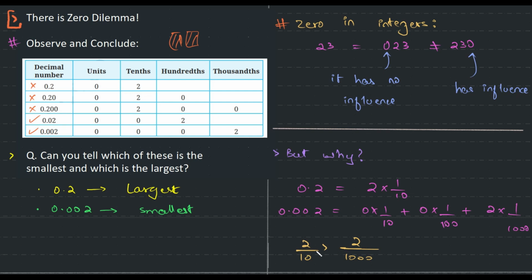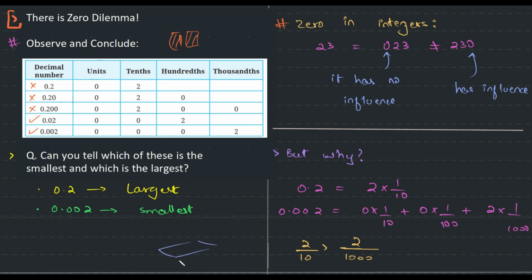If I give you some item after dividing it into 10 parts, will you get more of it, or will you get more in the scenario wherein I divide the same item into 1000 parts and give it to you? Think of it as a birthday cake.